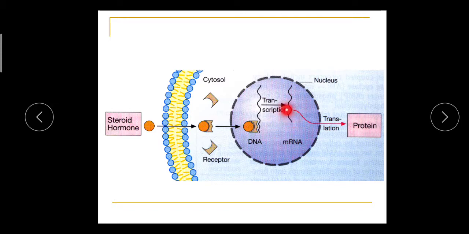This mRNA is responsible for the formation or release of the protein. So this is, in general, the mechanism of action of the steroids.